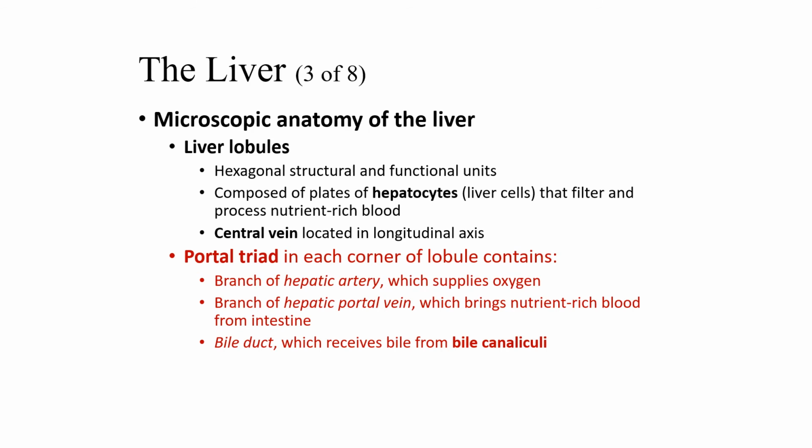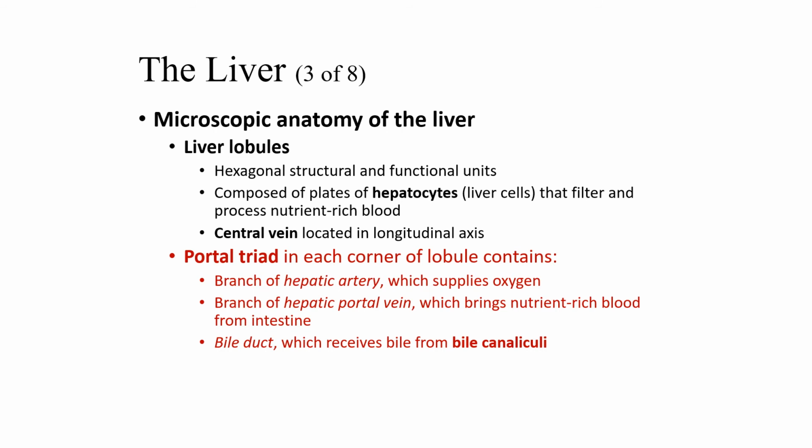Really, really important. In the middle of the liver lobule, you see the central vein. And then, very important are the portal triads at the corner of each lobule. You will need to know what vessels are in the portal triads.